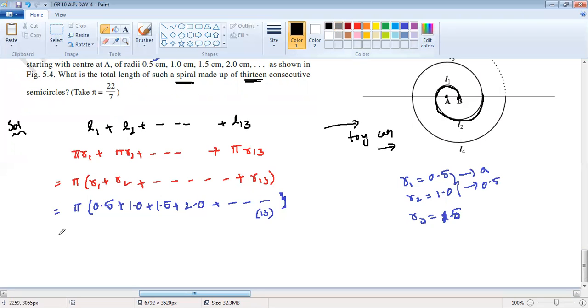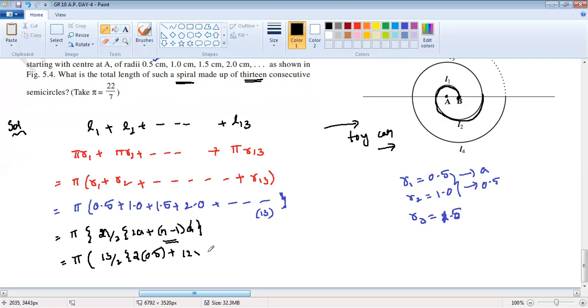So pi into n by 2 times 2a plus n minus 1 into d. Applying, pi into 13 by 2 into 2 into 0.5 plus 12 into d, where d is also 0.5.